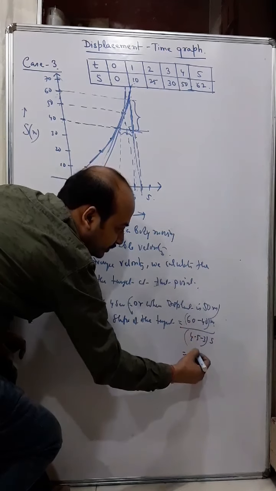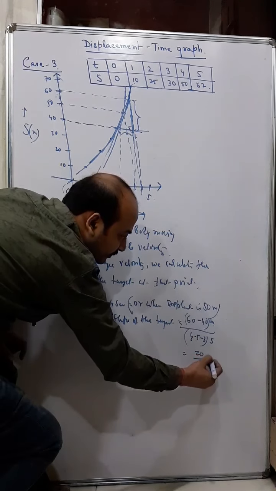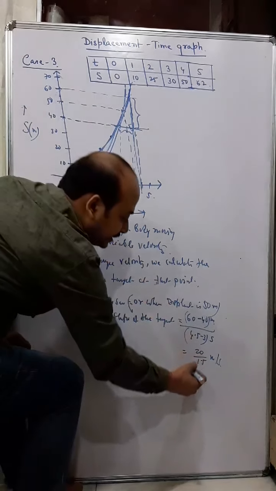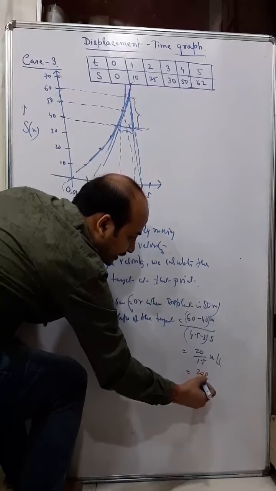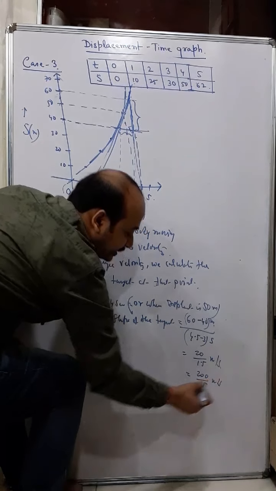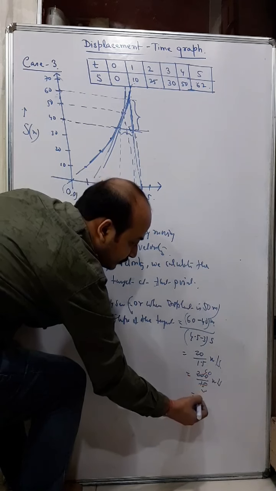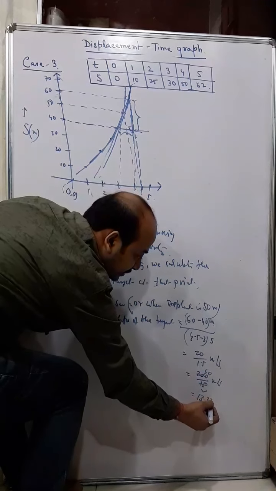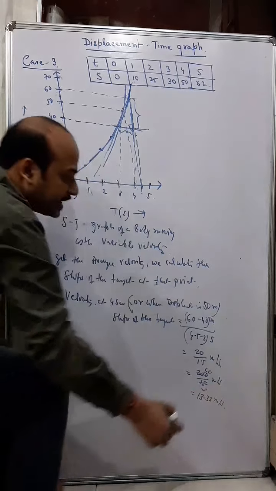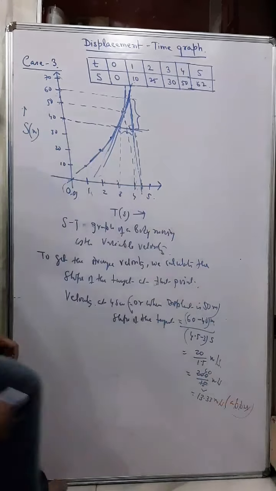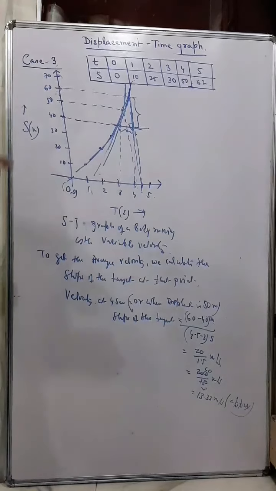So finally we get 20 by 1.5 meter per second, say 200 by 15 meter per second. We get 5 3s and 5 4s, so 40 by 3, we get 13.33 meter per second approximately. Understand?